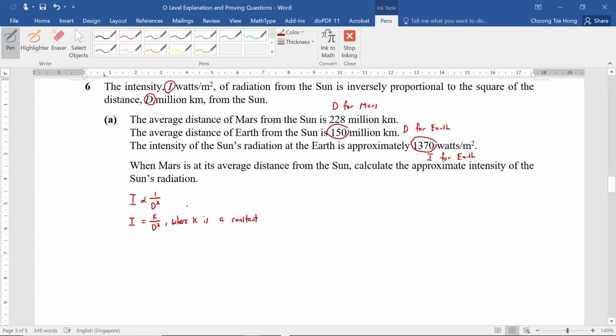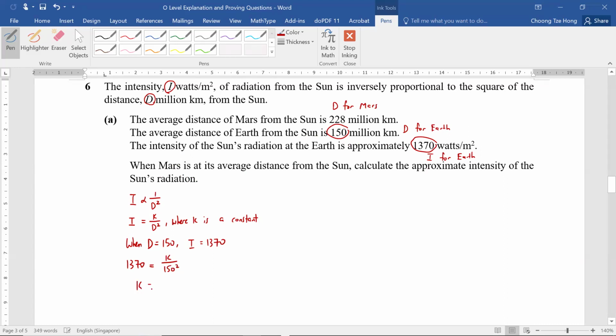So let's put in the pair of values to find K. When D equals 150, I equals 1370. Let's plug this pair of values into the equation. So 1370 equals K over 150 squared.